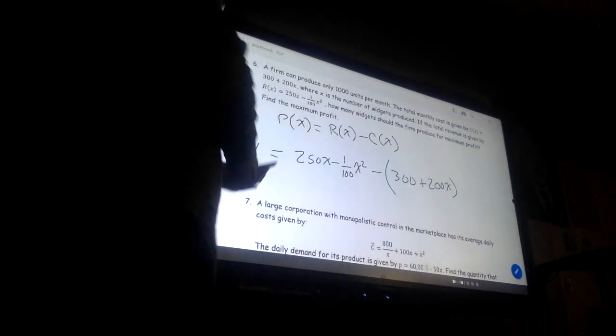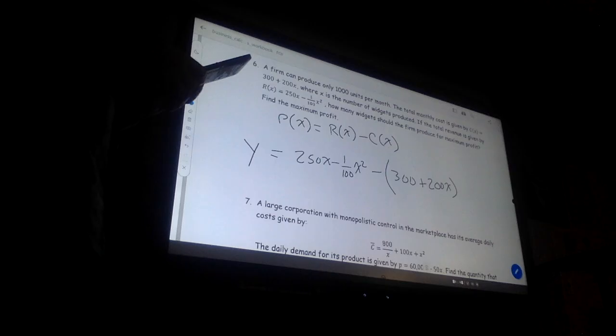And again, I would graph this on the graphing calculator or Desmos. So 250x minus 1/100 x squared minus, in parentheses, 300 plus 200x.